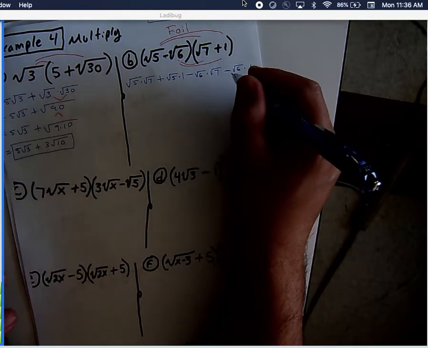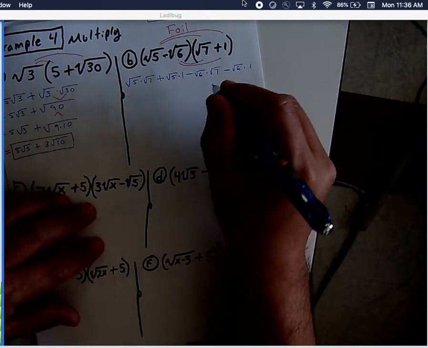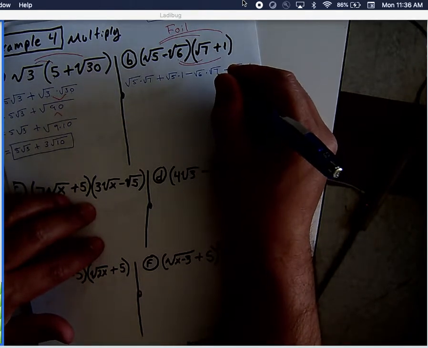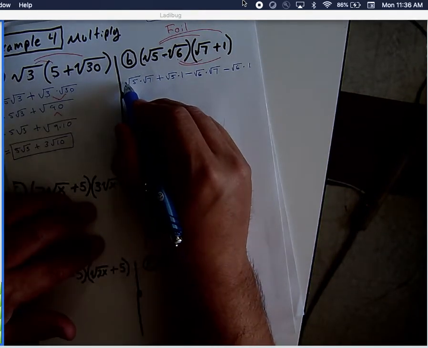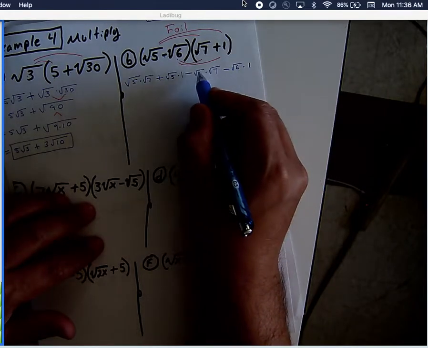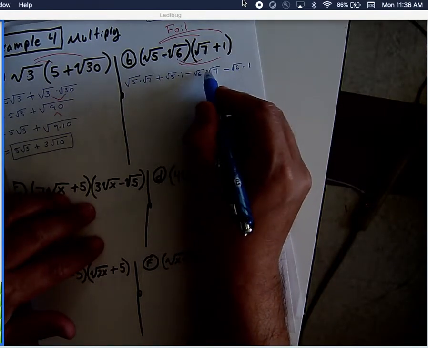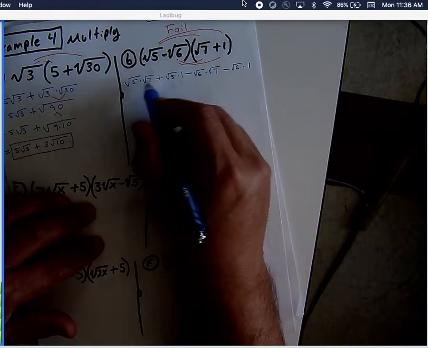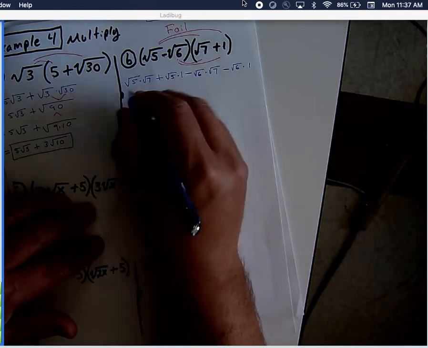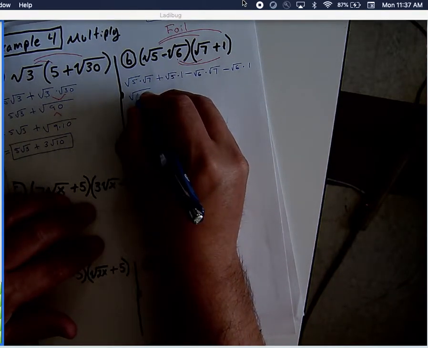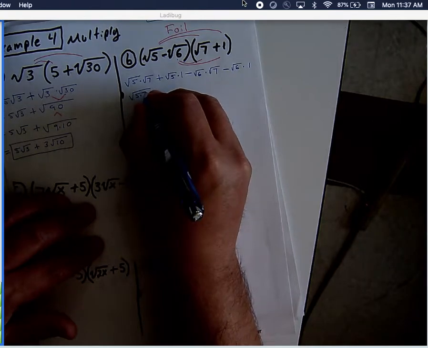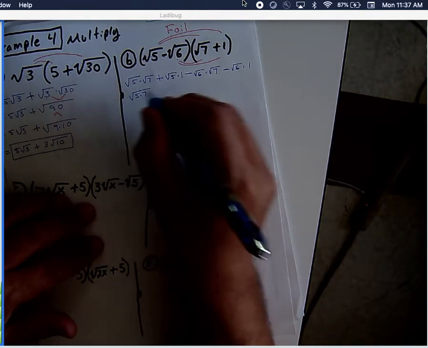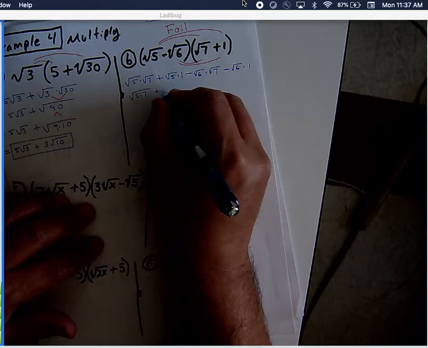Okay, after this, you can actually combine them because they have the same index. These ones have the same index, so you can put these ones together. I'm going to take an extra step just in case I confuse some of you. So 5 times 7 inside because they have the same index, and that one's just square root of 5.